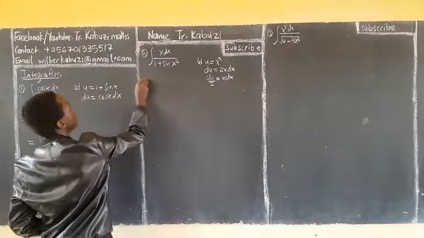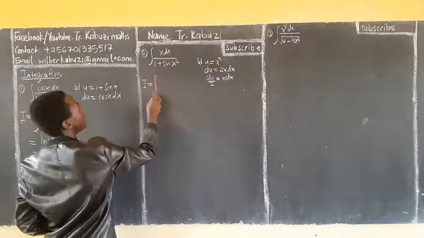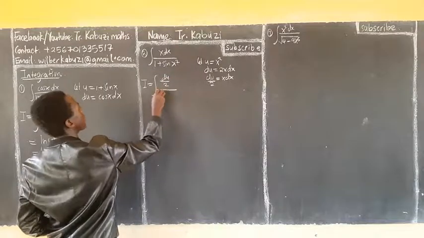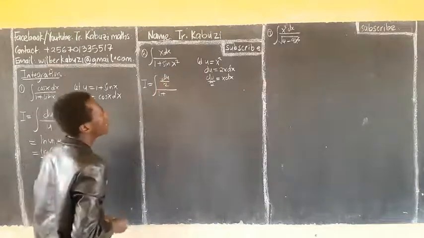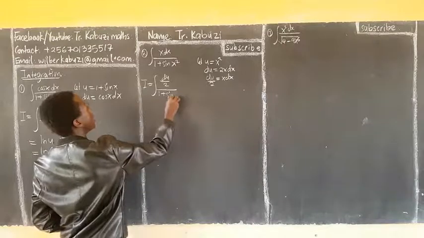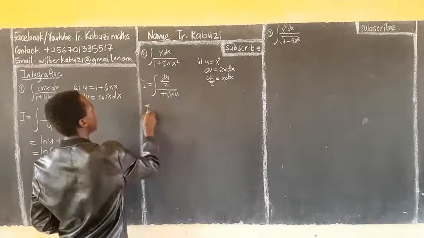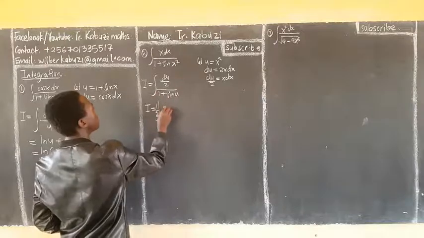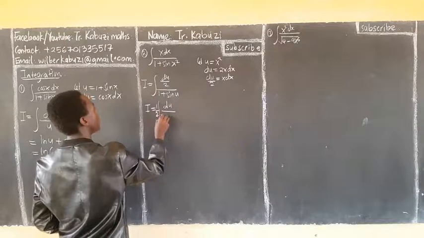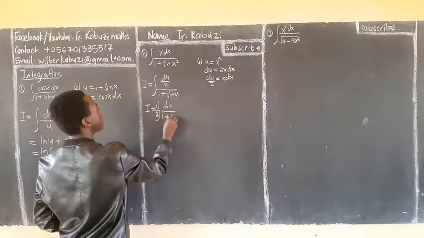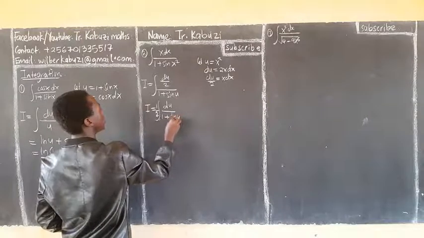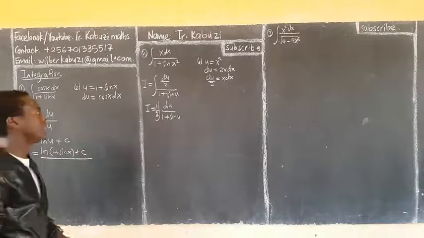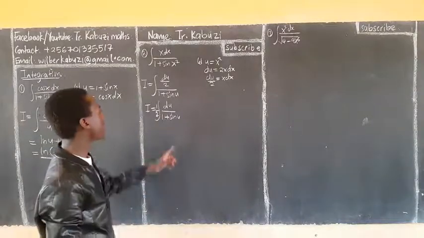So now my integral is going to be the integral of du over 2, the whole over 1 plus sine u, which will be, when I move this out, the integral of du over 1 plus sine u.